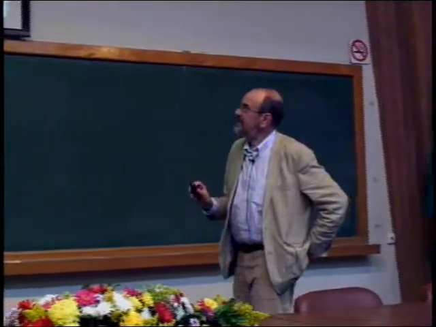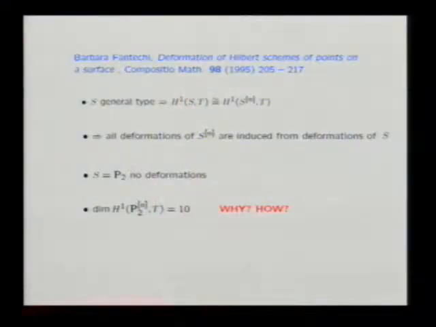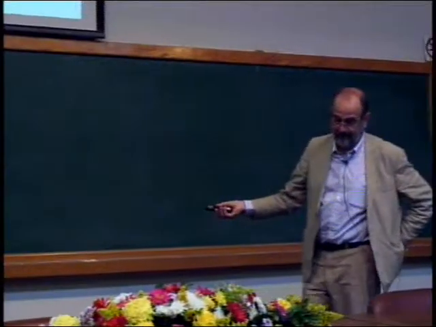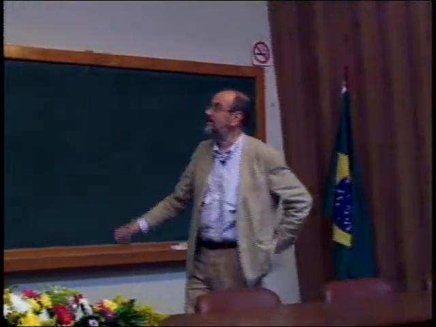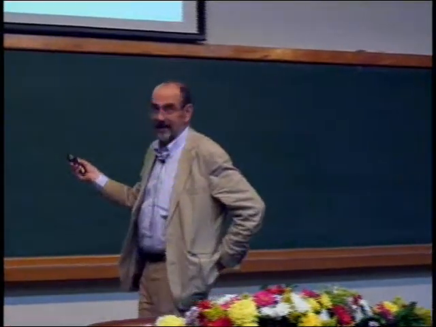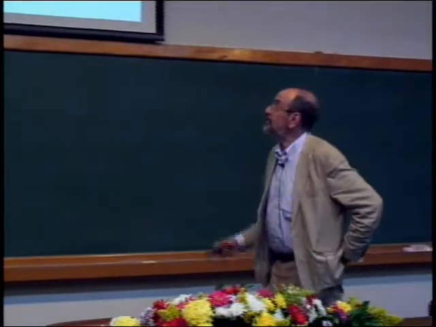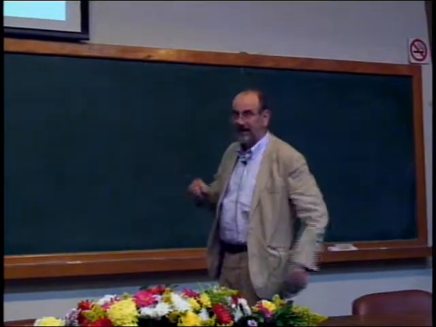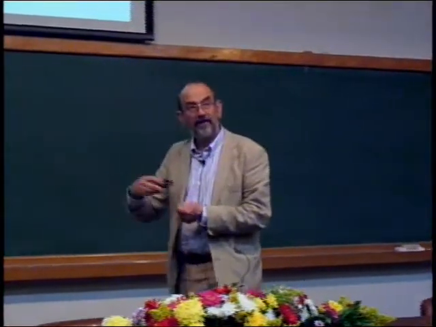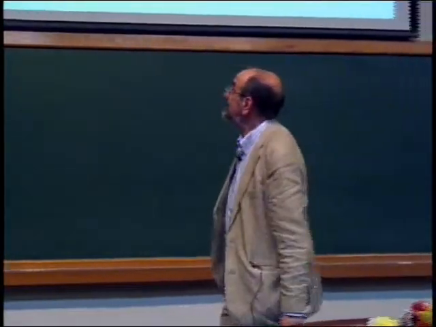And there are two points to it. First of all, this is only a vector space. And I told you that if I have a one-parameter family of deformations, then the derivative of that defines a vector in this vector space. On the other hand, it's not in general true that any vector in here can be integrated to a one-parameter family. Sometimes there are obstructions.